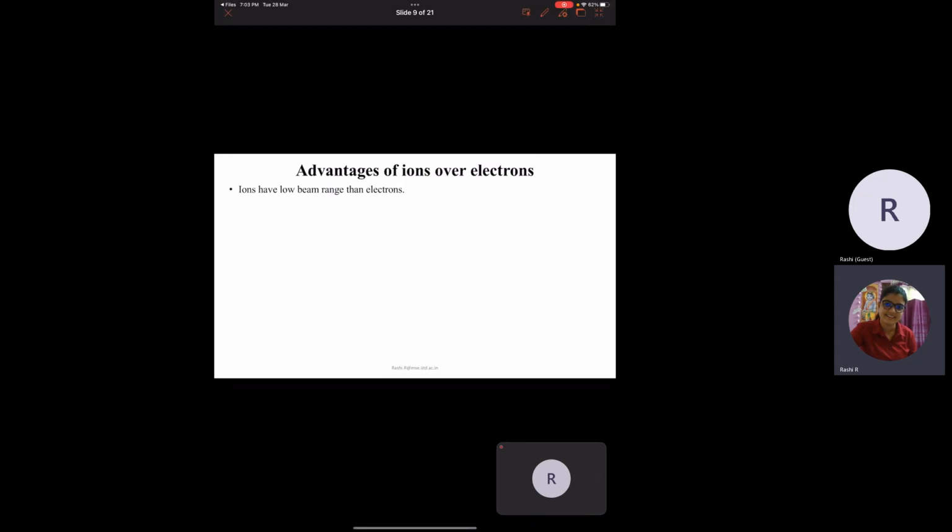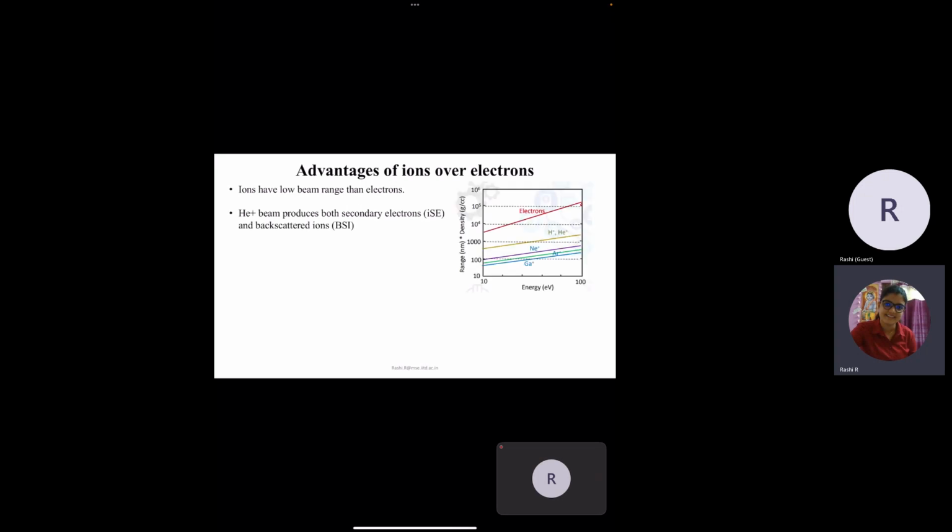So we have a lower beam range in electrons than that of ions. As you can see, the range in density versus energy is higher for electrons rather than ions.